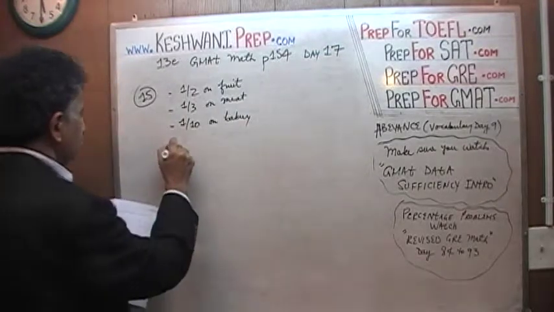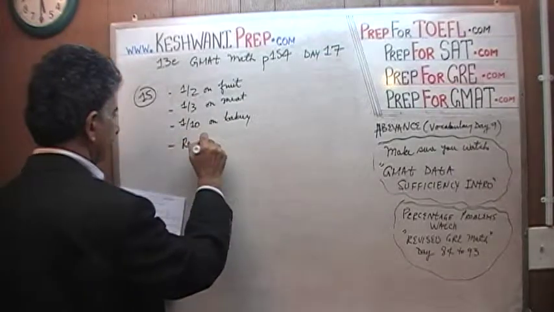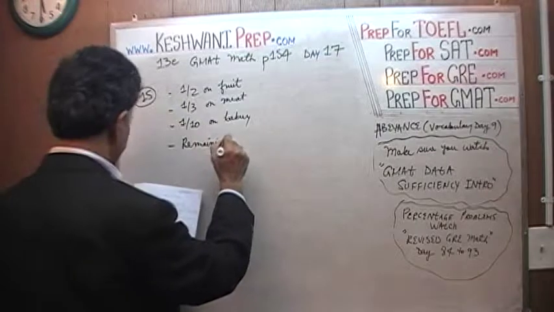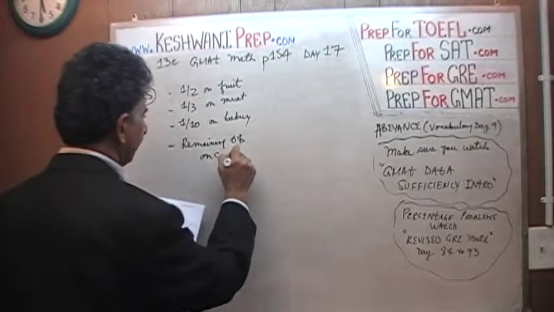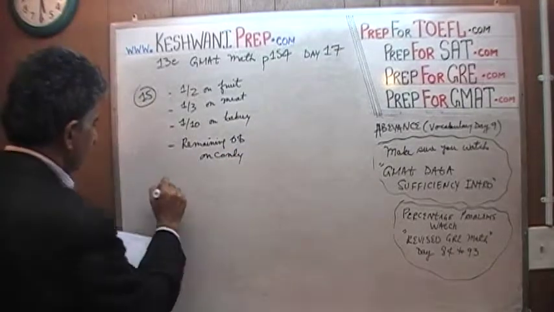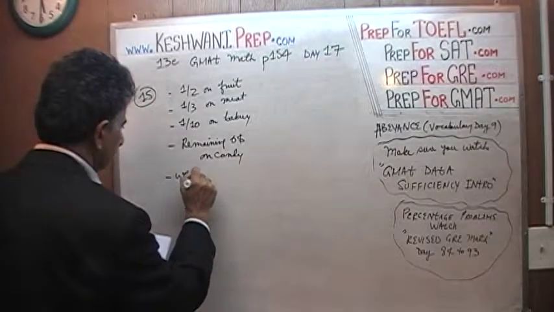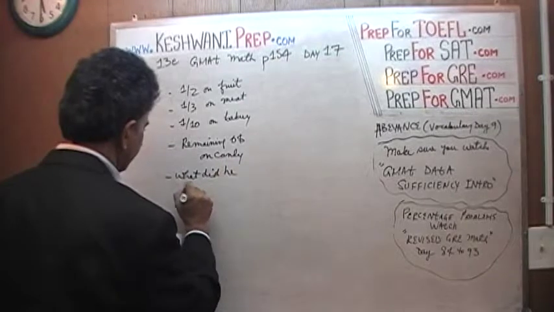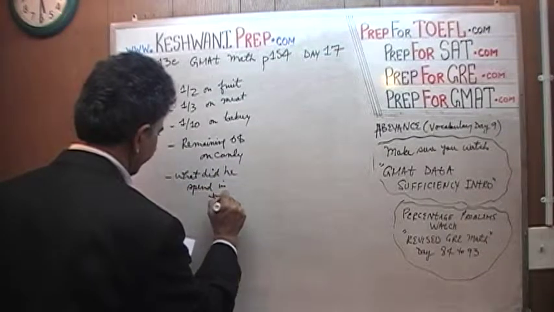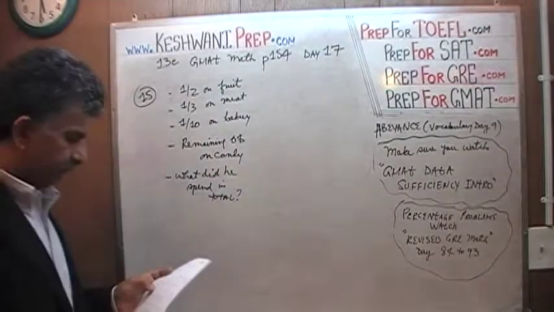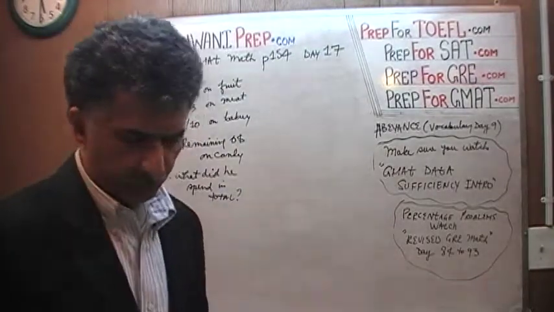And then we are told that he spent the remaining $6 on candy. The question simply is, what did he spend in total? That's all. Very simple, very straightforward.